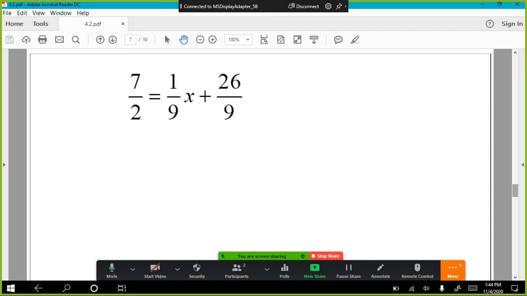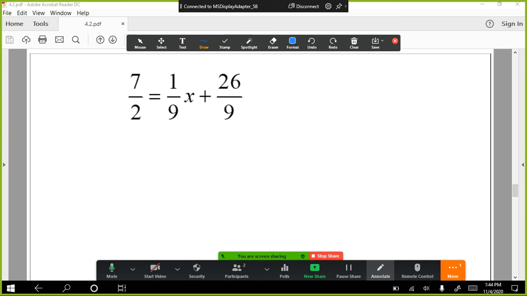What we have to do is, this is just a simple two-step, right? Just like that, if that were 7 equals 1x plus 26, we would subtract 26 and divide by 1. Well, what I'm going to do is subtract 26 over 9. Now, if you don't like the variable on the right side, some of you don't care, some of you like it always on the left, what I can do is just rearrange this without changing anything. 1/9 x plus 26 over 9 equals 7/2.